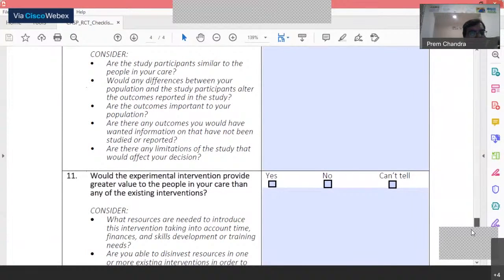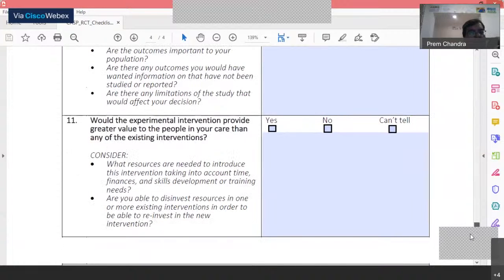And the last one is about whether the experimental intervention would provide greater value to the people in your care than any of the existing interventions. All need to be critically assessed when we evaluate a critical appraisal.